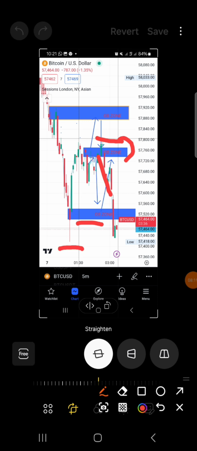The zone is here, but of course it had to first clear this low price before actually continuing in an uptrend.